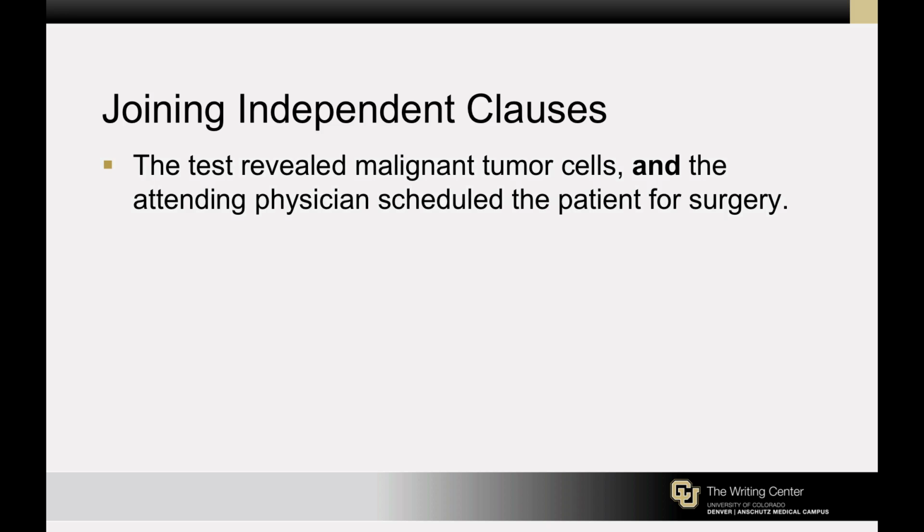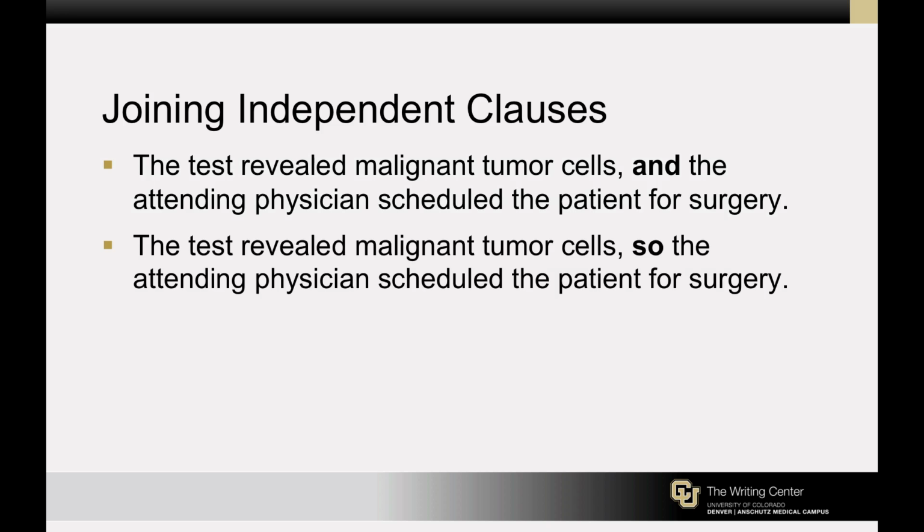The and also suggests that the two clauses are equally important or balanced. We could also connect the clauses with so, which suggests that the second clause came as a result of the first clause, that the attending physician scheduled the patient as a result of the test. Both of these choices are grammatically correct, but they create different relationships between the clauses, and it's up to us to decide the relationship that best fits our meaning.